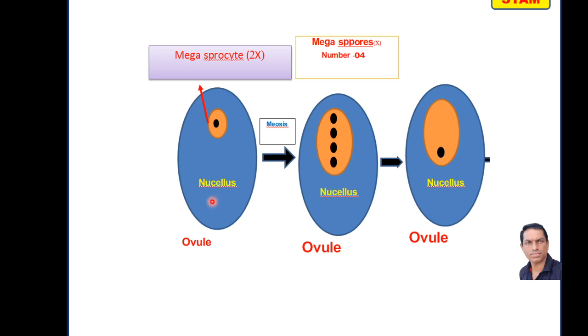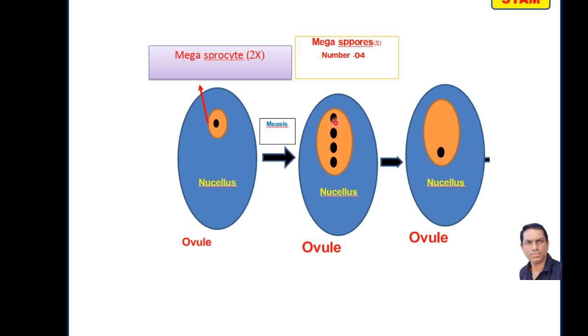This is the nucellus, the diploid mass of cells. Any one of the cells towards the micropyle side acts as a megasporocyte or megaspore mother cell, which is genetically diploid. It undergoes meiosis and forms 4 haploid megaspores.